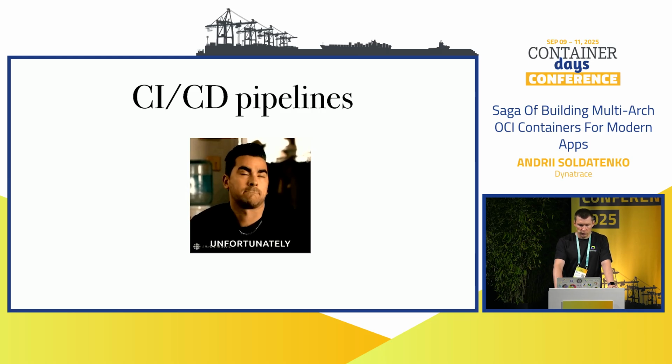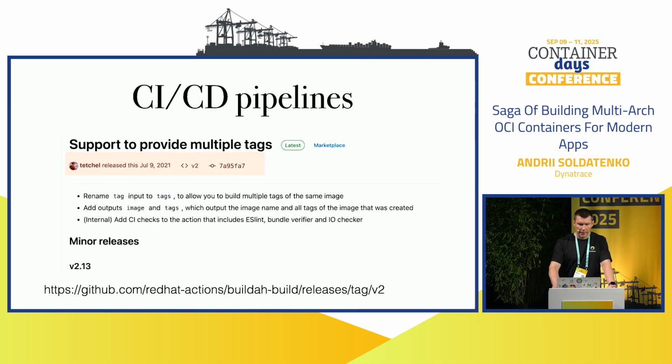Because if you go to CI/CD pipelines, we used mostly GitHub Actions because we are an open source project, like everything you can see. And the first problem, with Podman there is no GitHub Action. I know it's easy, you can just install it, but it would be nice to have something officially supported.